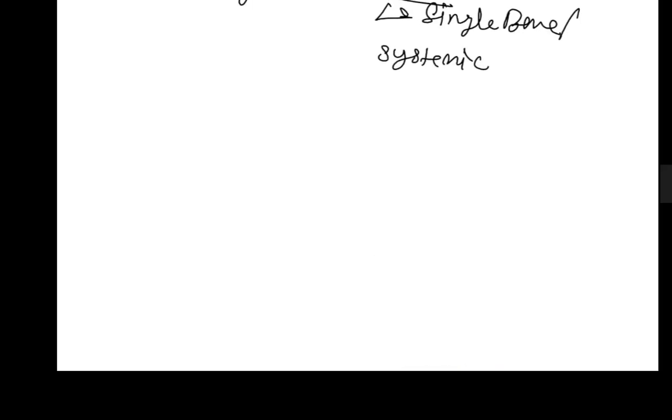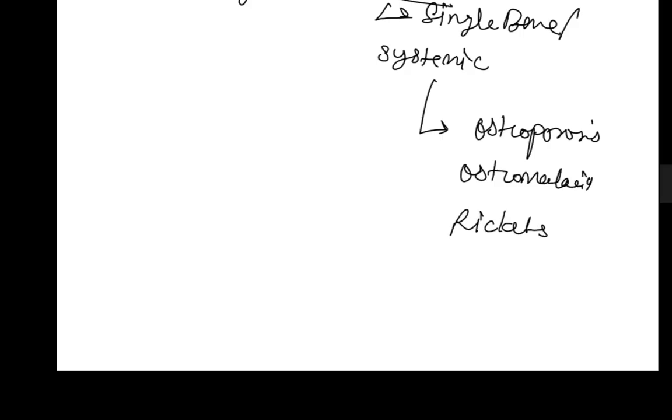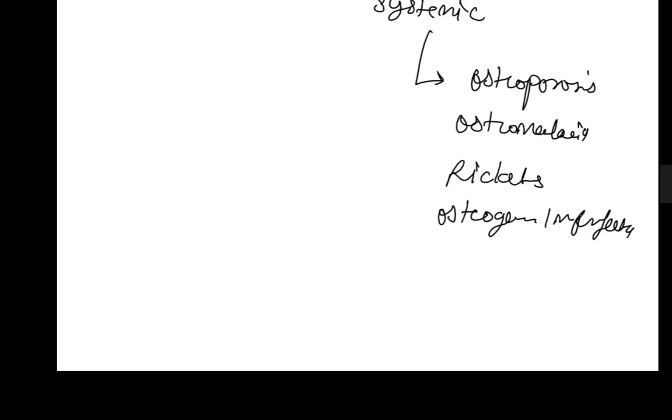Systemic involvement is seen in osteoporosis, osteomalacia, in children rickets, osteogenesis imperfecta in children, and in metabolic conditions like renal osteodystrophy.